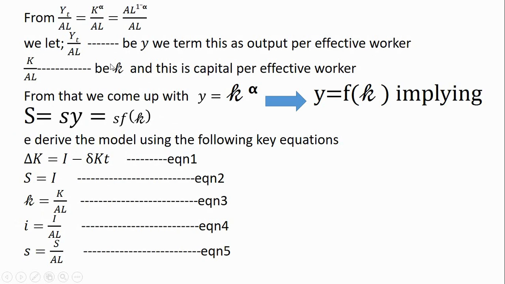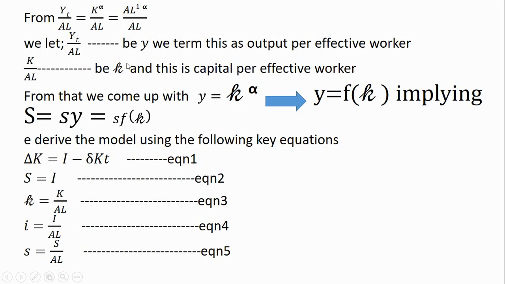So from here we simplify what we have by letting Yt over AL be represented by a small y. And this small y, we call it output per effective worker. After dividing our Yt by AL, that ceases from being just output, but it becomes output per effective worker. Now we let K over AL be small k, or kappa.